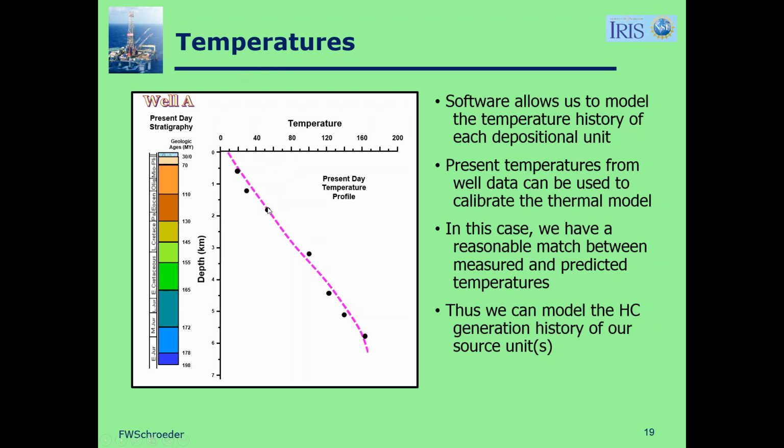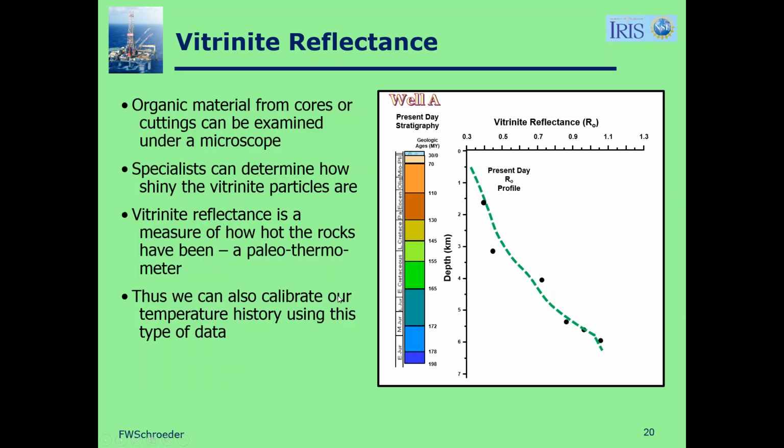And so for this well, we have 1, 2, 3, 4, 5, 6, 7 temperature measurements as a function of depth. We can see how the computer model predicts the temperature profile. And this looks like I've iterated a couple of times trying to figure out what sort of background heat flow and what sort of stretching factor was appropriate. But this is a reasonably good fit to the present day temperature data.